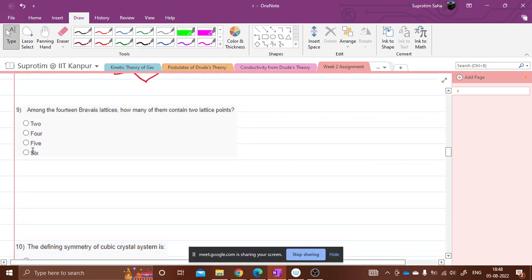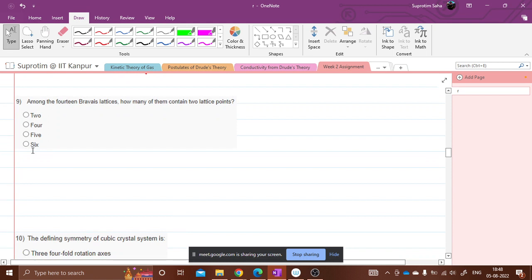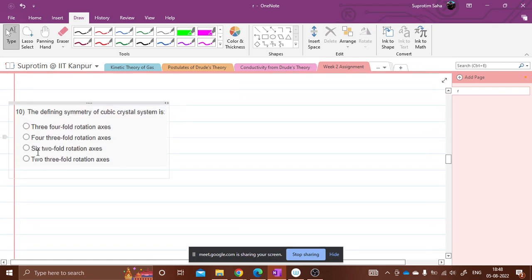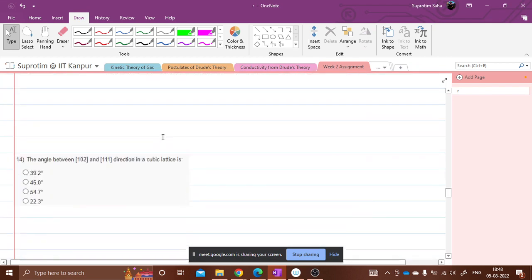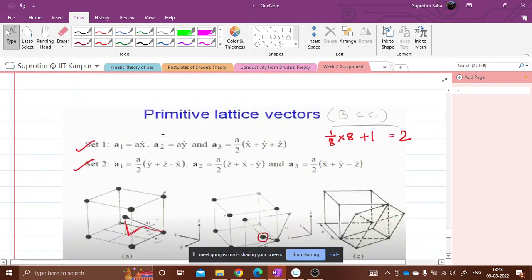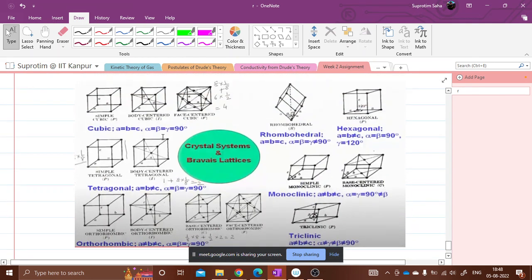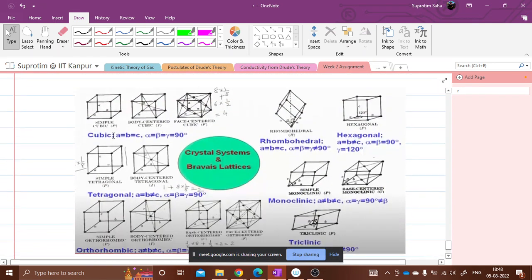And among the 14 Bravais lattices, how many of them contain two lattice points? Let's go to the diagram that was used in the lecture itself. This is cubic, a equals b equals c, alpha equals beta equals gamma equals 90 degrees. For cubic, you have simple cubic, body-centered cubic, and face-centered cubic.